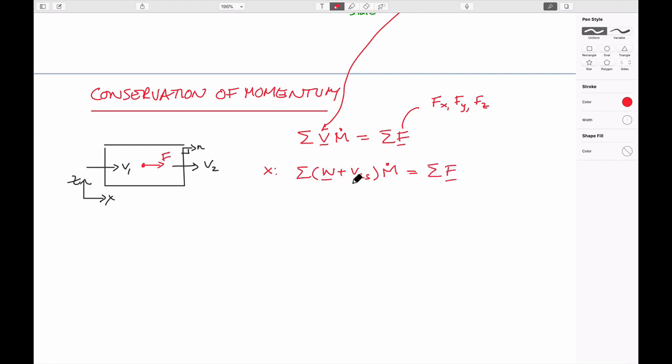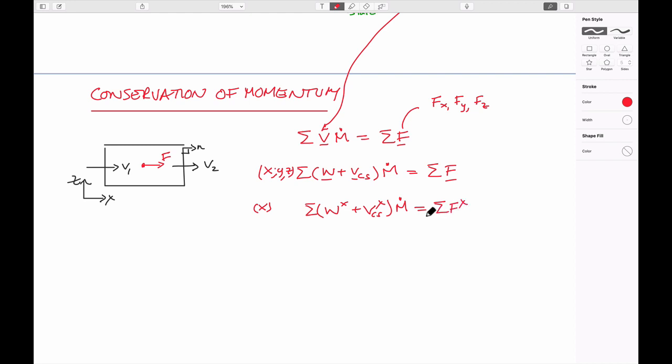Again, these are vectors, but if we're doing it just for one direction, I guess this would be for x, y, and z, only one. If we just did it in the x direction, then it would be the sum of velocity in x plus mass flow rate. Mass flow rate is always a scalar value, not a vectoral value, and the sum of forces in the x direction.